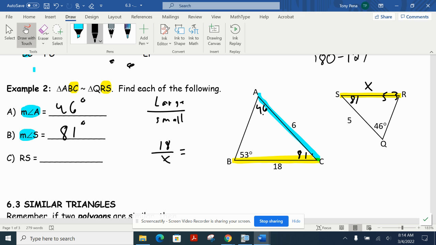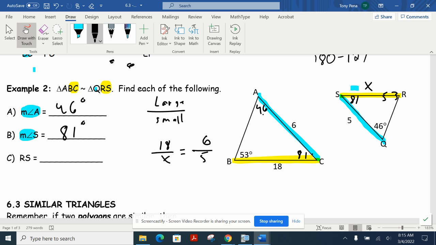So in the larger triangle, going large over small, we know that this side is a 6. If you look at what AC is, A is the first and the third term. In the other triangle, the first and the third term is Q and S. So Q and S is this right here. So the bigger one is the 6, the smaller one is the 5. That's the proportion. That's what we then cross multiply and then solve.